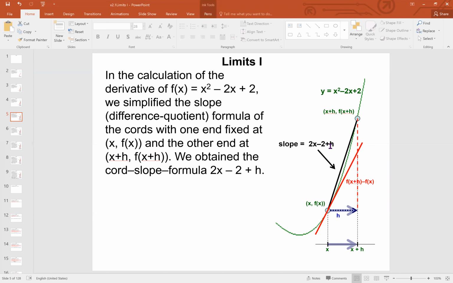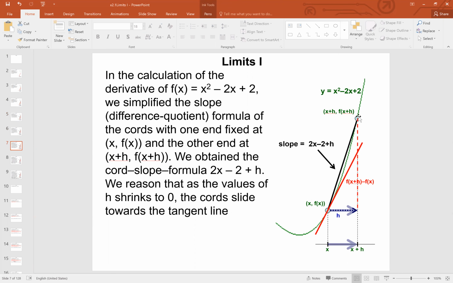So the next step is I'm going to take h and make it smaller and smaller. In other words, I'm moving my neighbor, the point over here, closer and closer to the point x. In the algebra, in this formula, we let h become smaller and smaller.